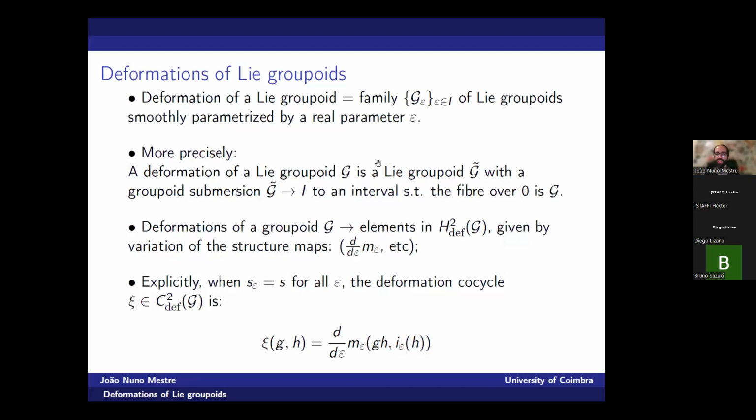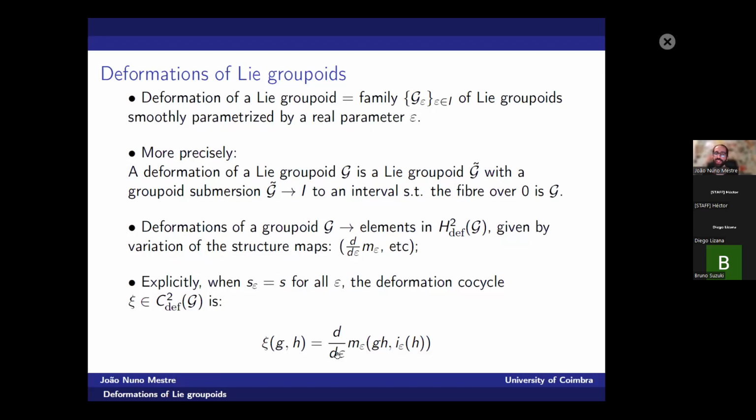Very explicitly, for a particularly nice kind of deformations, let's assume, for example, that all the fibers look like each other. So the family is trivial as a family of smooth manifolds, but not as groupoids. This is analogous to deformations of complex manifolds, where you would have deformations which are trivial as smooth manifolds, but not as complex manifolds. Let's say that we have all the fibers the same as smooth manifolds, and also all the source maps always the same as the source at time 0.